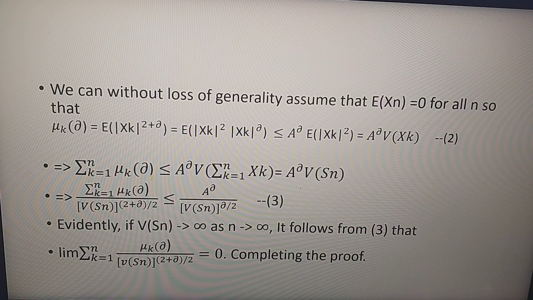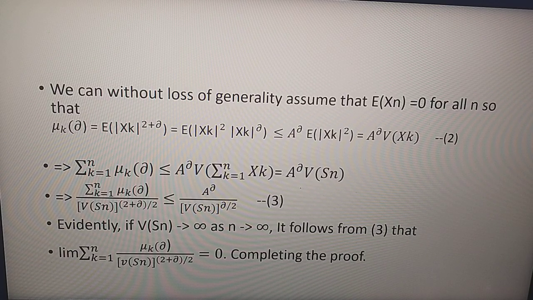This implies that the summation of mu_k^delta is less than or equal to a to the power delta times the summation of variance of Xk, which is nothing but variance of Sn. Dividing by variance Sn to the power (2 plus delta) by 2, this is less than or equal to a to the power delta by variance Sn to the power delta by 2. You simplify: variance Sn is in the numerator, and 1 plus delta by 2 in the denominator, so delta by 2 remains.